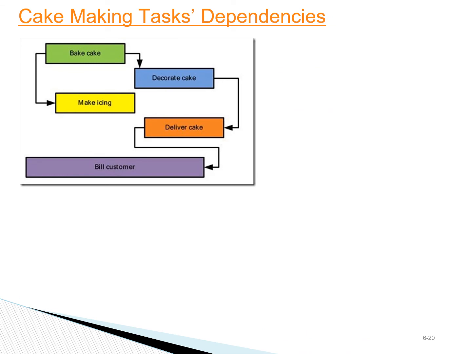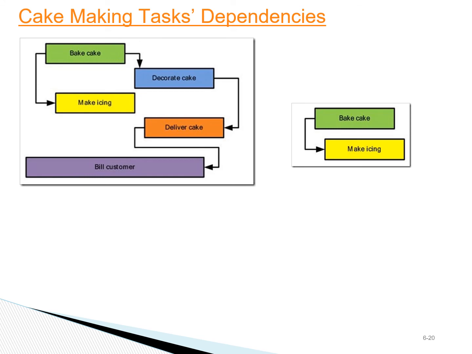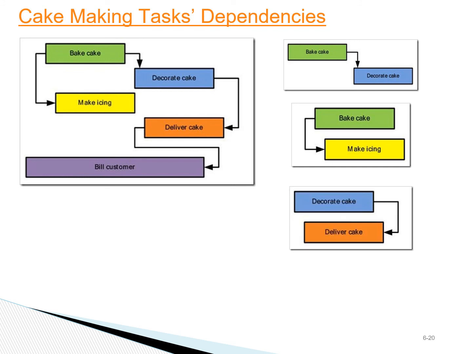This is a nice example of dependencies in a cake making project. When the cake is being baked, we can make the icing. So this is a start to start dependency. After the cake is baked, we can start decorating it. That's a finish to start. Or cake decorating has to finish before we deliver the cake.